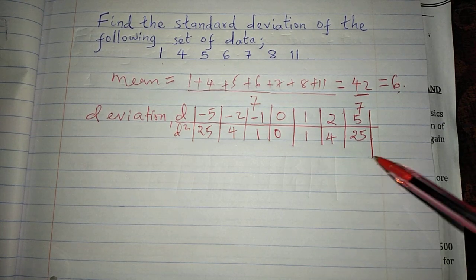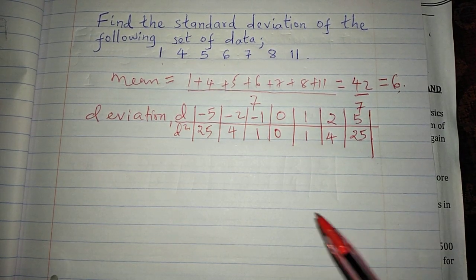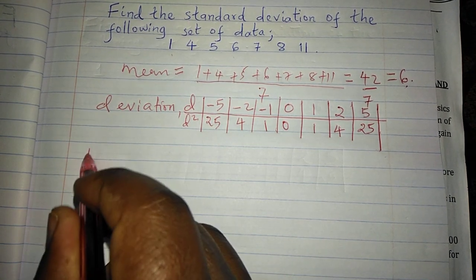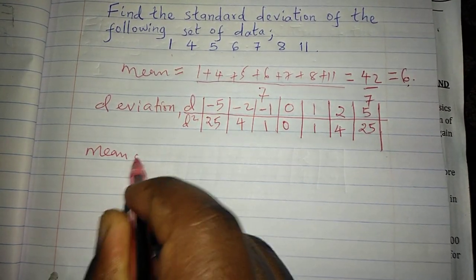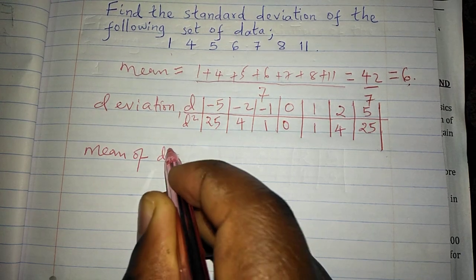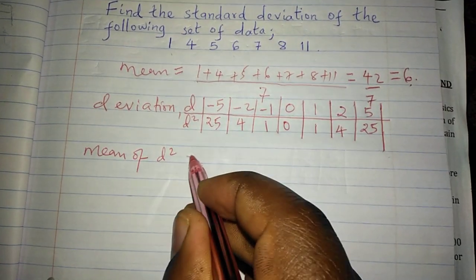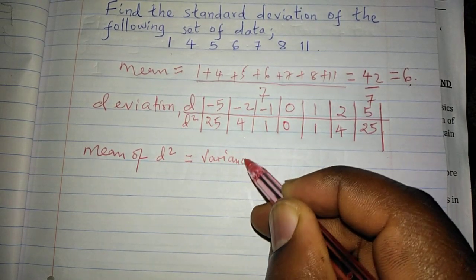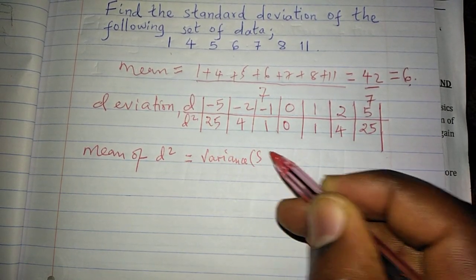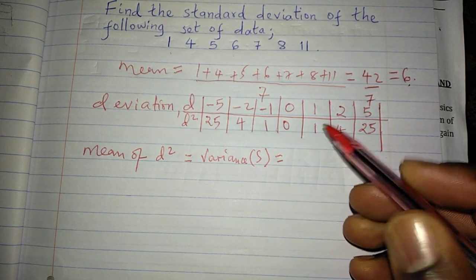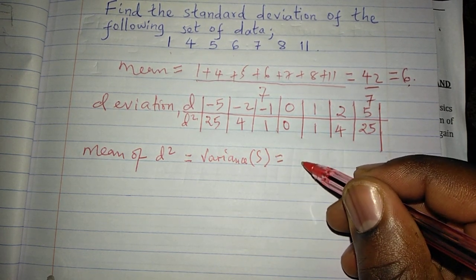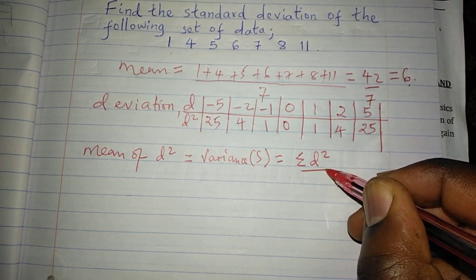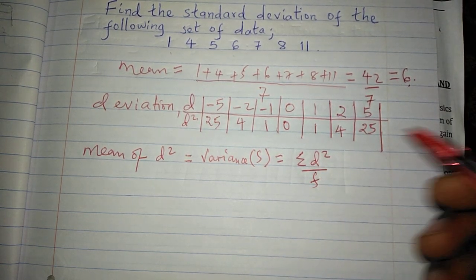After getting the deviations from the mean squared, we get the mean of the deviations squared, which is called variance, capital S. We get the mean of D squared by taking the sum of the D squared divided by the number of items.